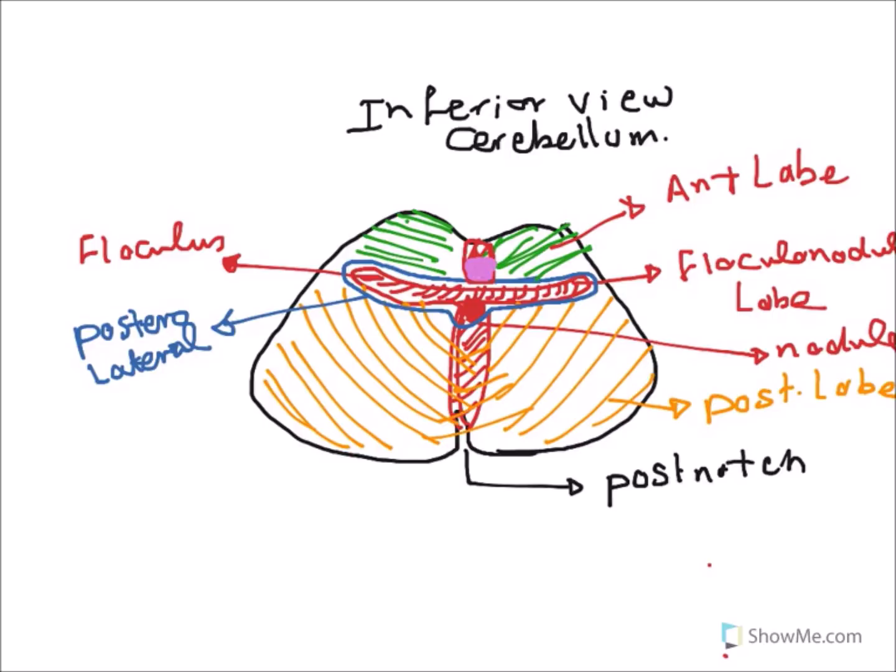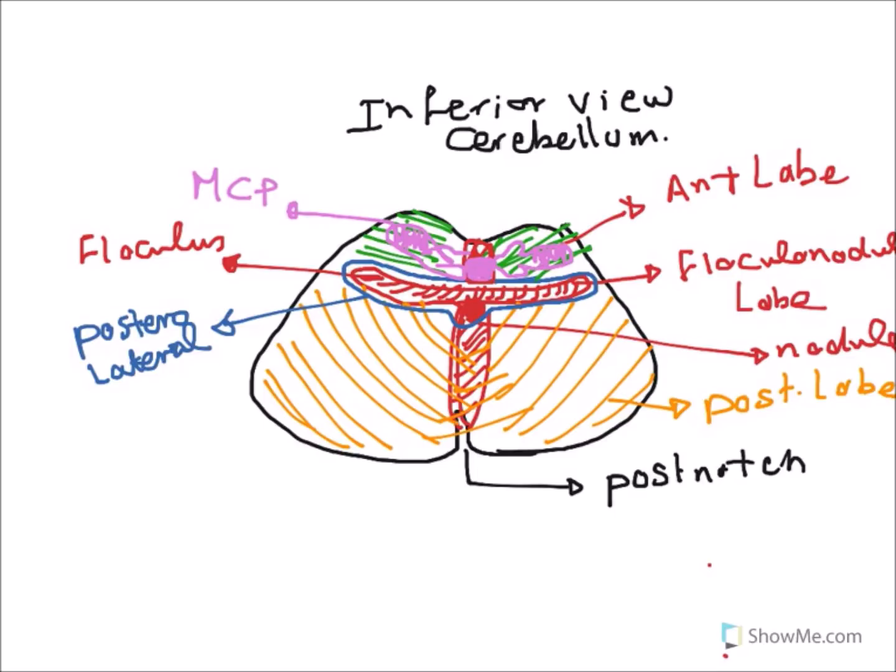So the cut edges of the cerebellar peduncles appear on the inferior surface of the cerebellum as three cut edges like this. The largest part is the lateral part, which represents the middle cerebellar peduncle between the pons and the cerebellum.